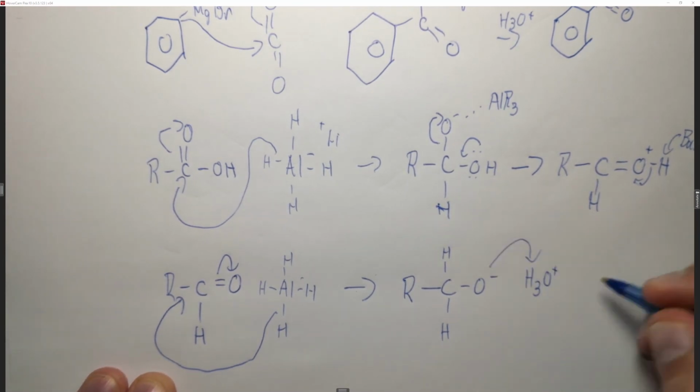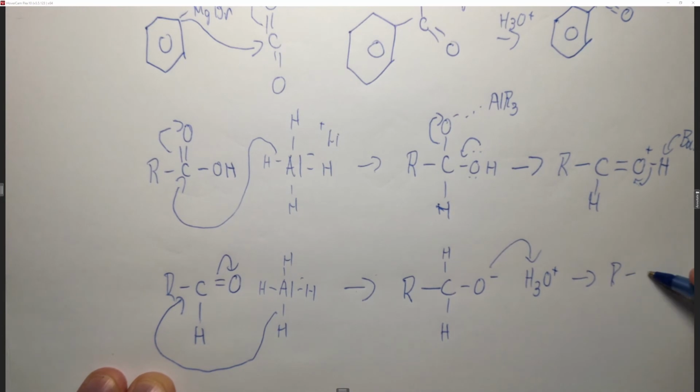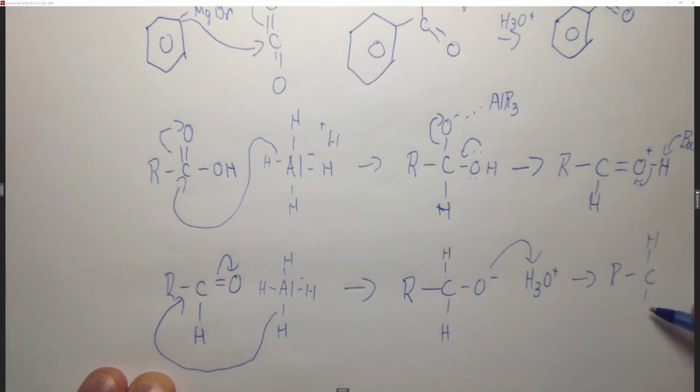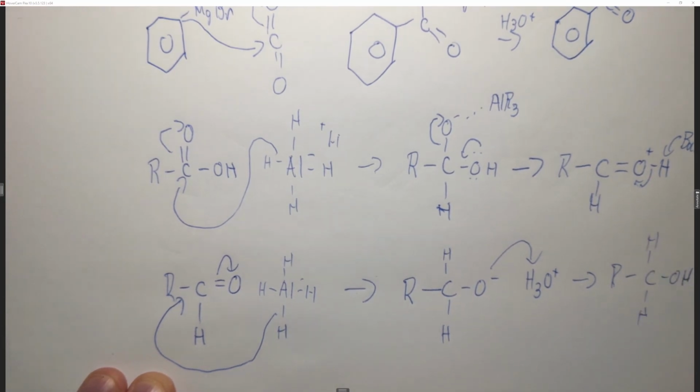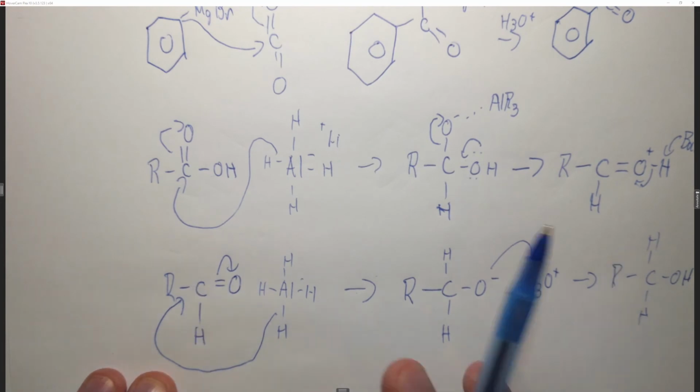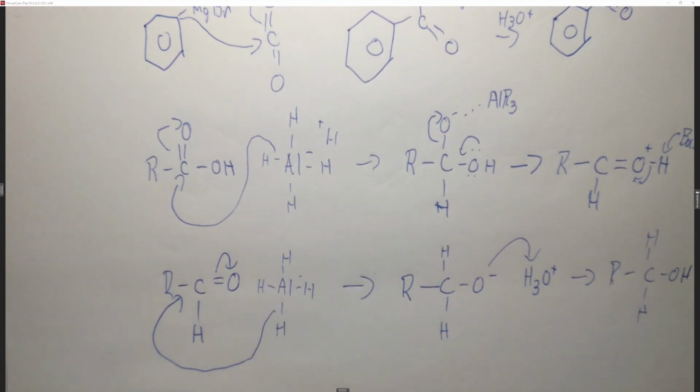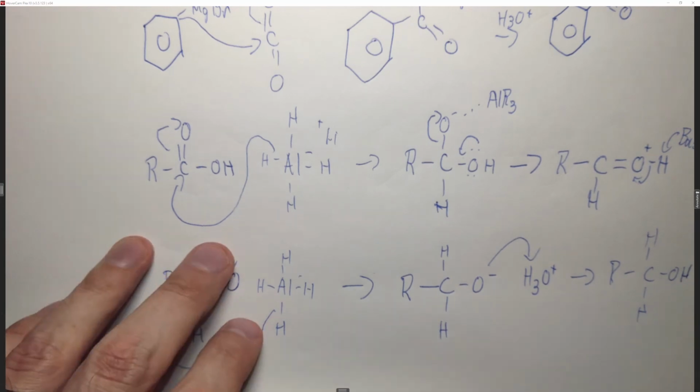This grabs a proton, and we end up with R, bond C, bond H, bond H, bond OH. So this is the mechanism for the reduction of carboxylic acids. But we should probably write this as a general reaction so that it's a little bit more clear.